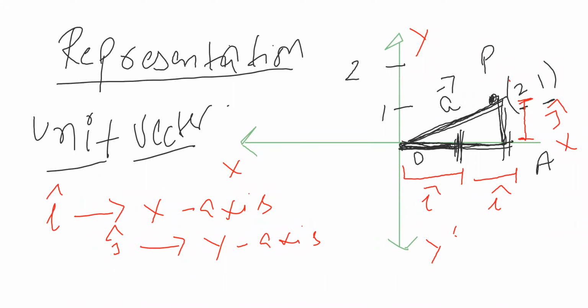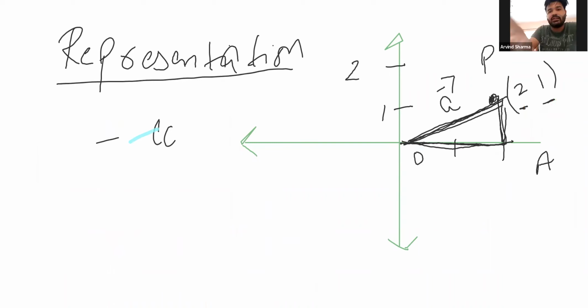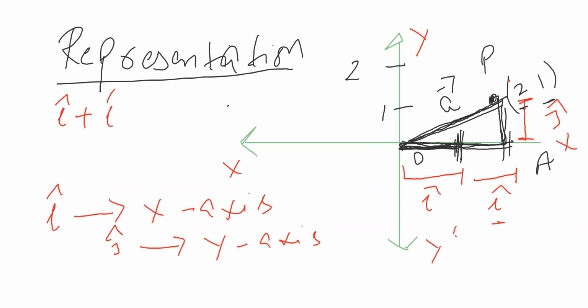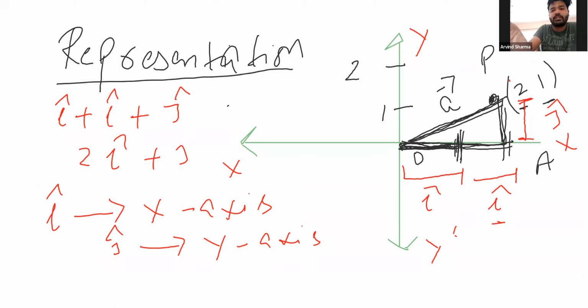Now, if I talk about the total distance, what is the total distance? Basically, you have traveled i cap plus this i cap plus this j cap, right? So basically it is 2 i cap plus j cap.